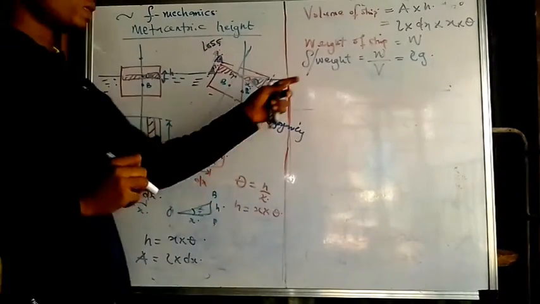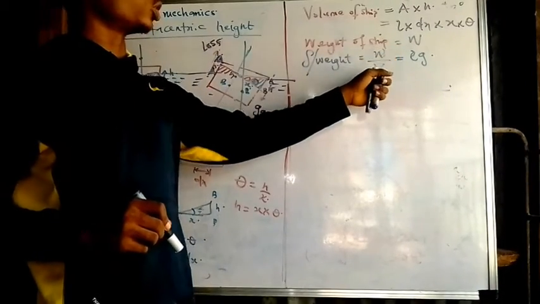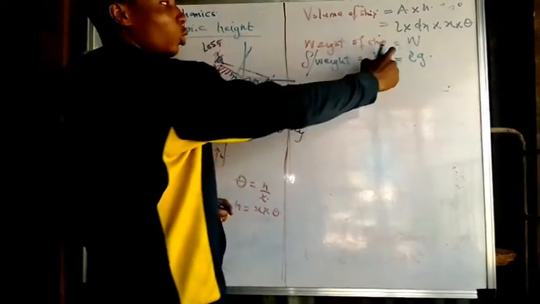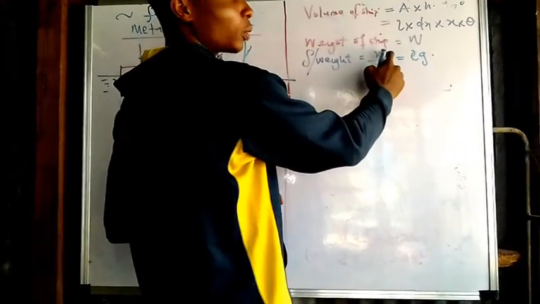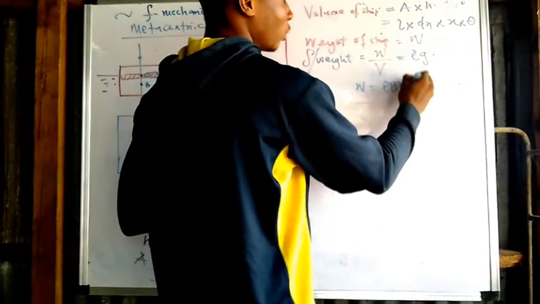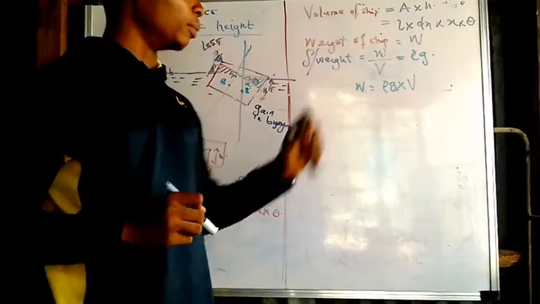So if specific weight is equal to mass density times acceleration due to gravity, that means the weight of the body is equal to the volume times mass density times acceleration due to gravity. So making the weight the subject of the formula, we have weight is equal to mass density times acceleration due to gravity times volume.